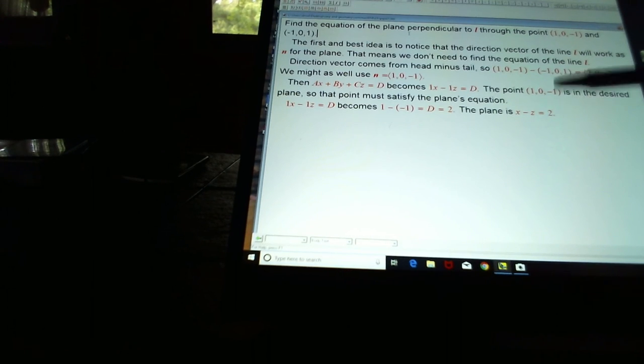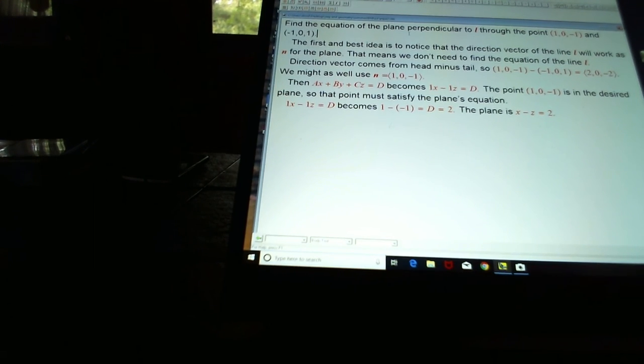Now that answer makes a lot of sense to me, because if you look at this line, it has 0 for all the y coordinates, which means this line lies in the xz plane. And now we're saying here that the plane has only the letters x and z in the equation.